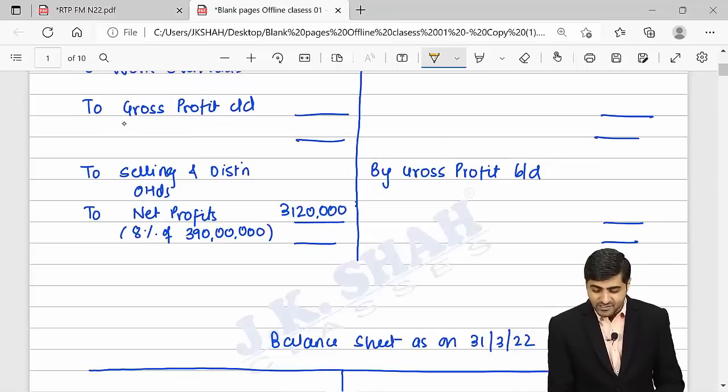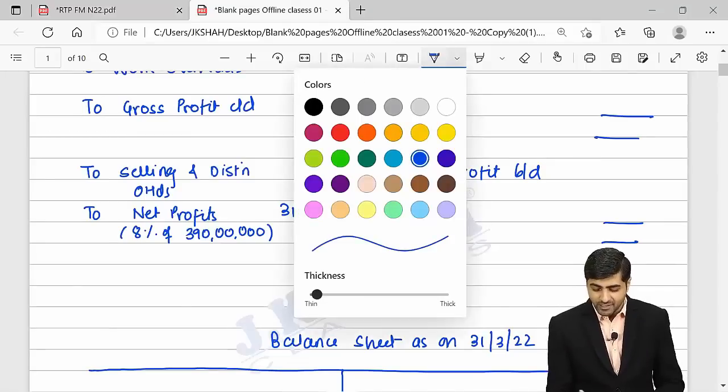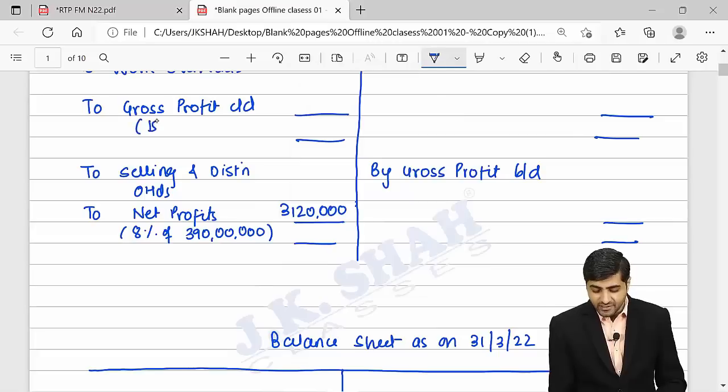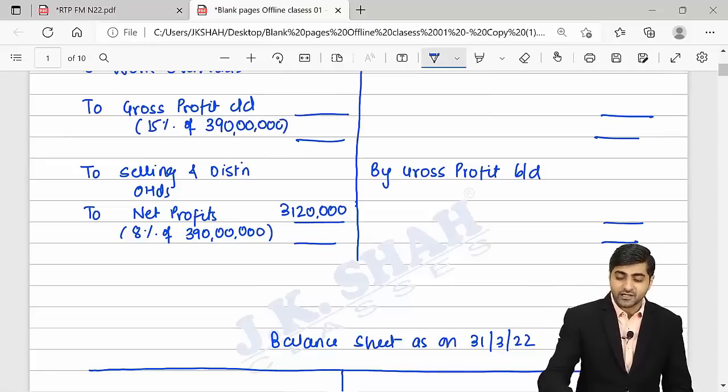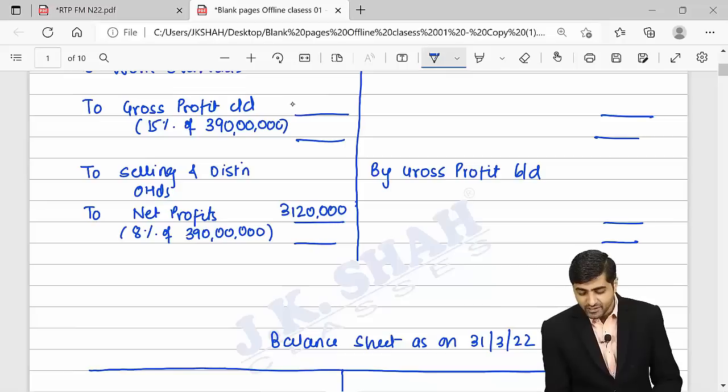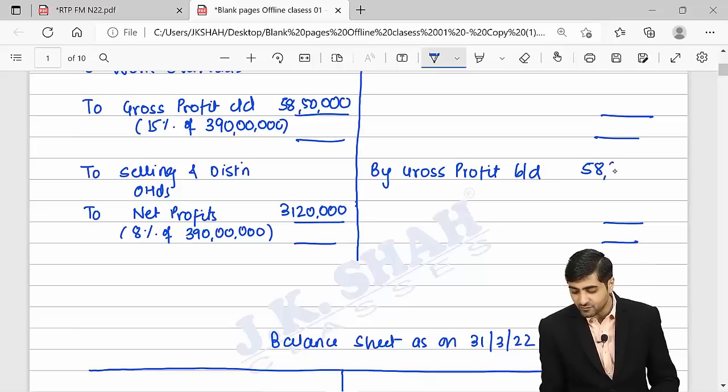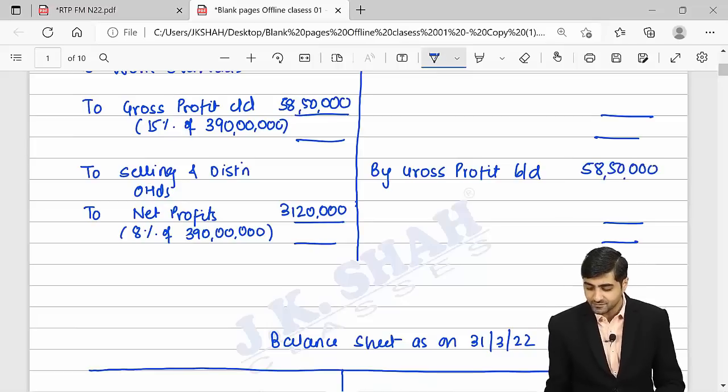So I can simply take whatever is my sales, and I need to just multiply that by 15%. So from 3 crore 90 lakhs, if I multiply it by 15%, I'll eventually get 58 lakh 50,000. And this will be my gross profit brought down, 58 lakh 50,000.